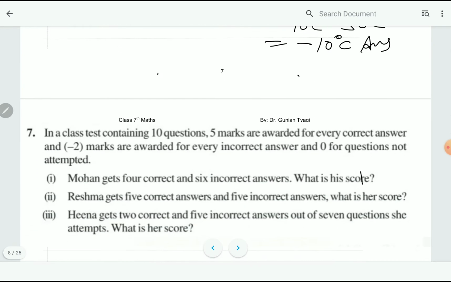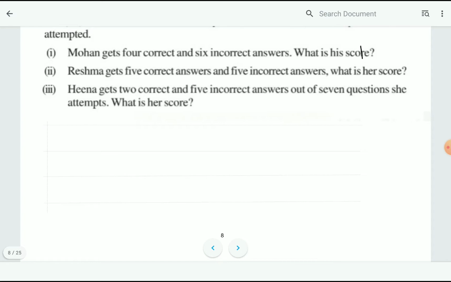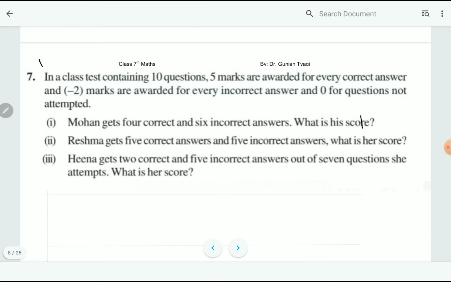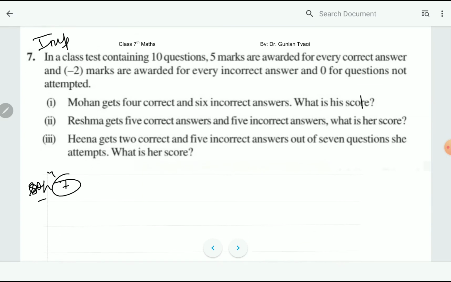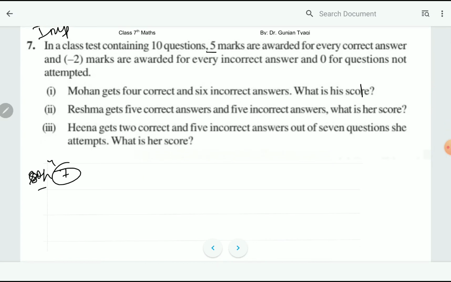Let's do the next question, number 10, which is a very important question. Solution of the 7th question is: in a class test containing 10 questions, 5 marks are awarded for every correct answer and minus 2 marks for every incorrect answer and 0 for not attempted.